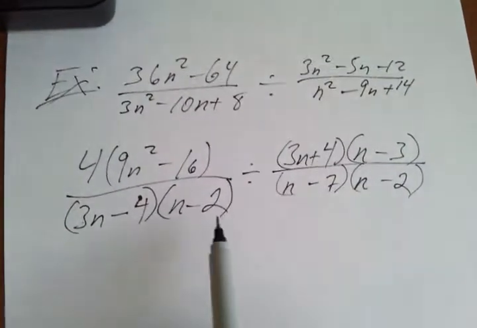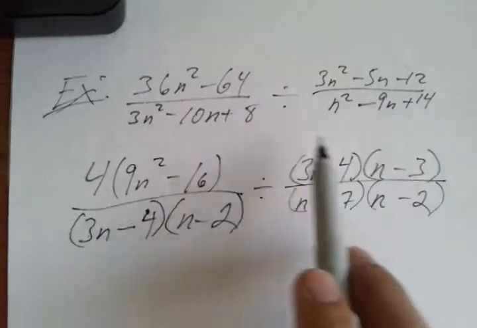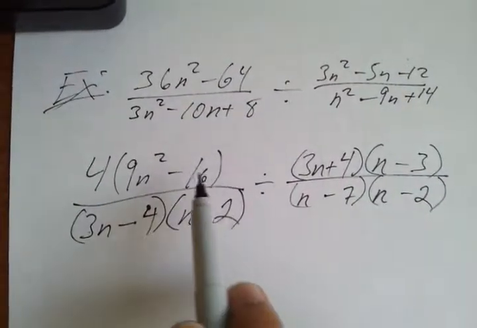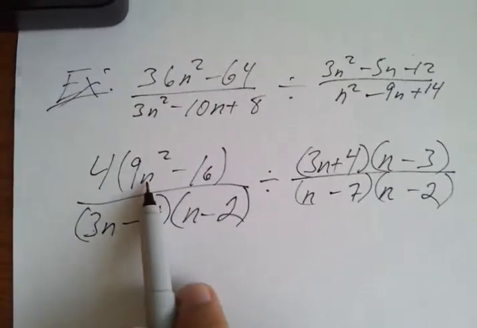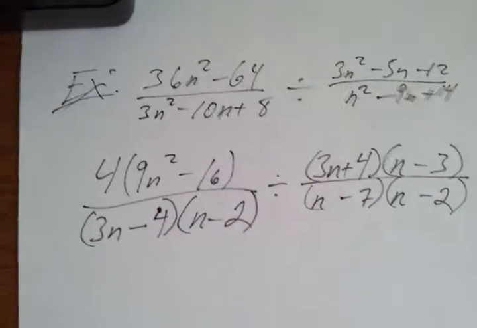Now we look to see, can we factor any more of these? Well, we can. 9n squared minus 16 is a difference of two squares.